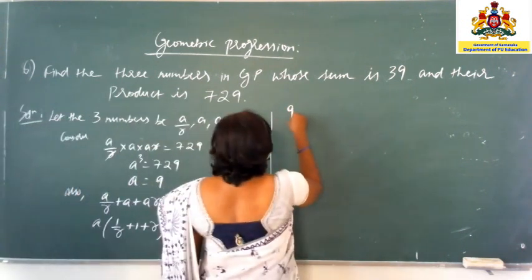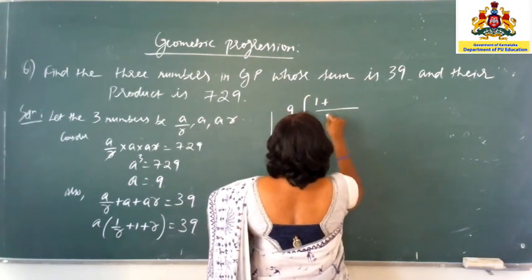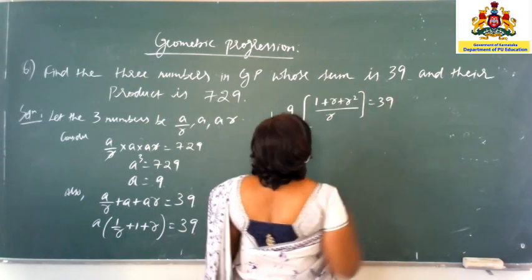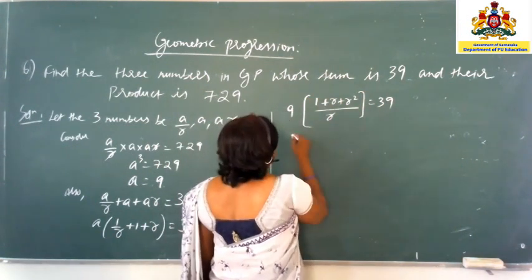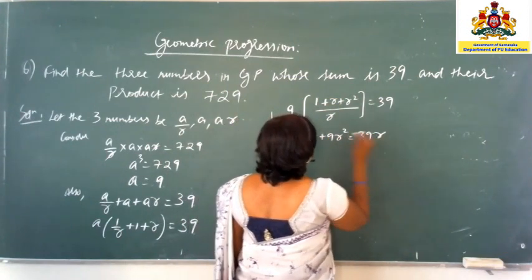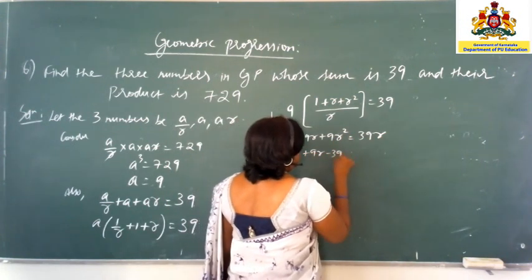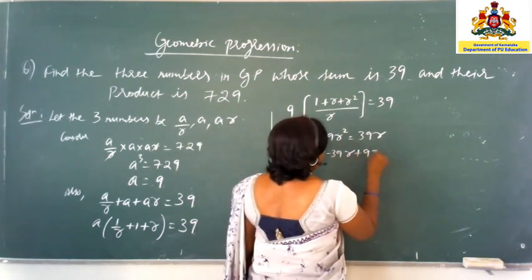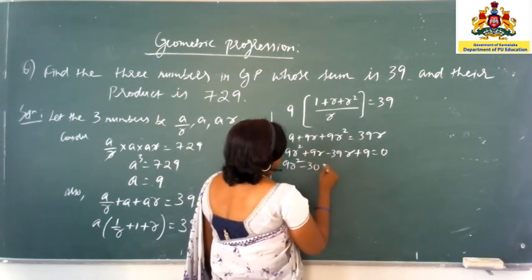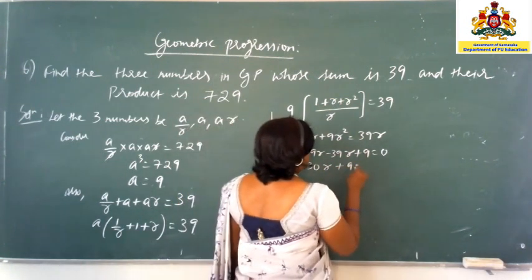I'll take the LCM, 1 plus R plus R square is equal to 39. So cross multiply, 9 plus 9R plus 9R square is equal to 39R. So 9R square plus 9R minus 39R plus 9 is equal to 0. So 9R square minus 30R plus 9 is equal to 0.